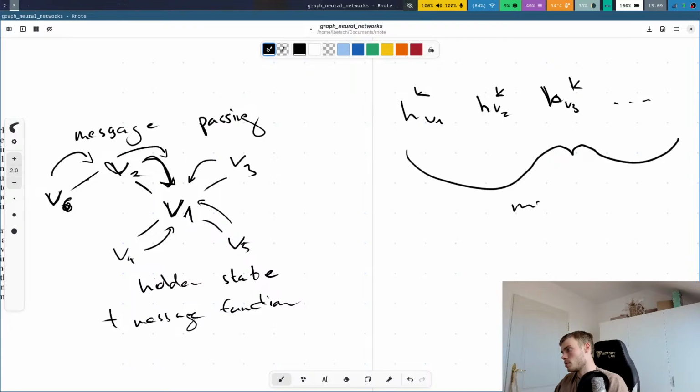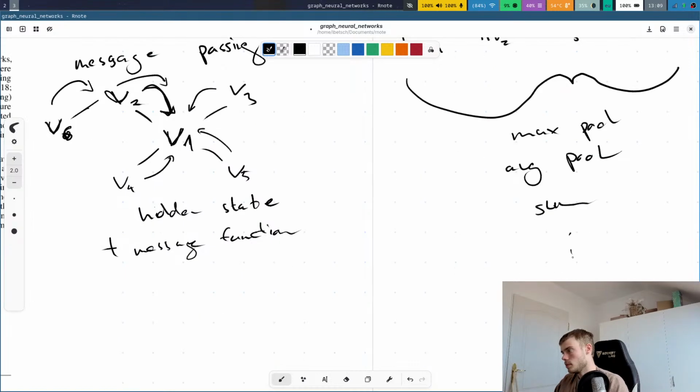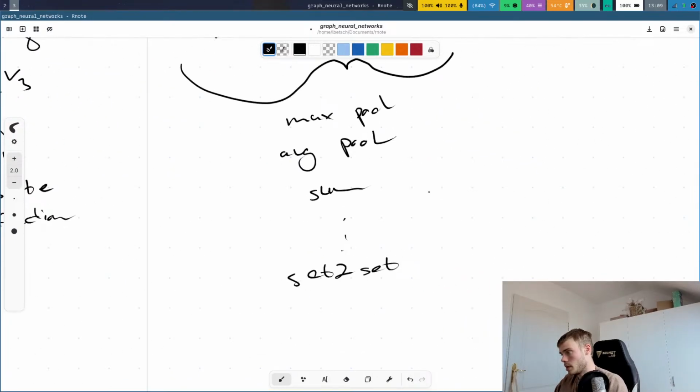You can do a max pool, an average pool, a sum, whatever, or a set to set, as they were doing in the MPNN paper.